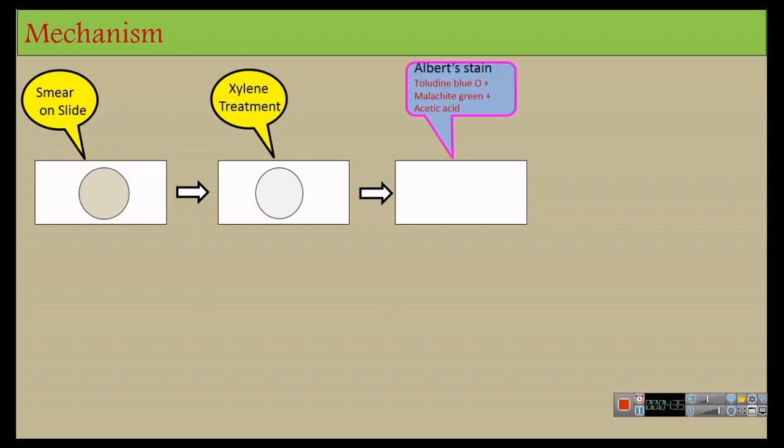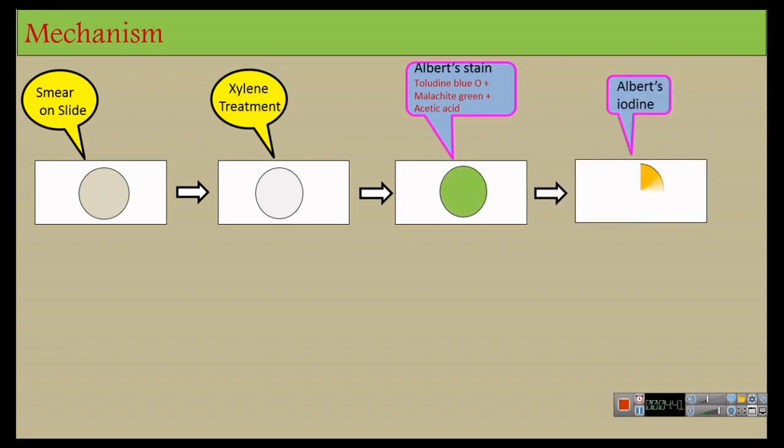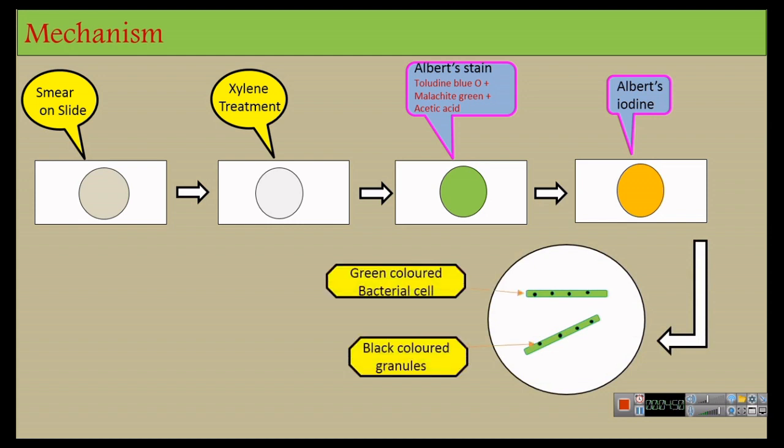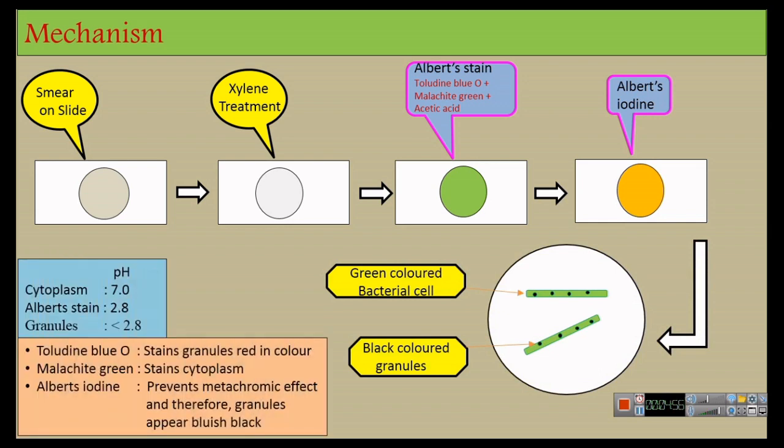Then we treat the smear with Albert's stain. Afterwards, we treat the smear with Albert's iodine. After washing with water, we observe the slide under the microscope, and we see green colored bacterial cells and bluish black colored granules.